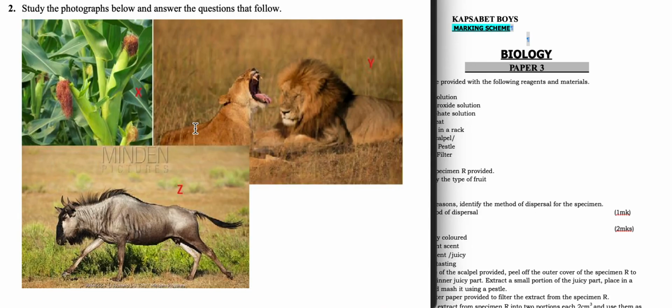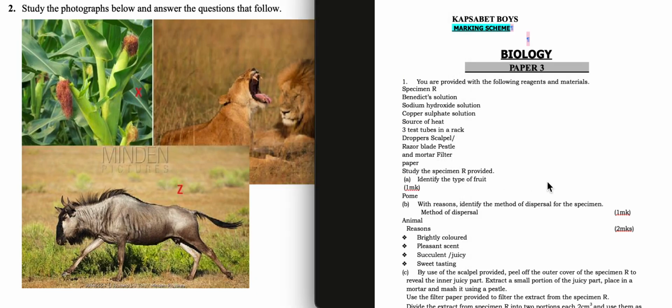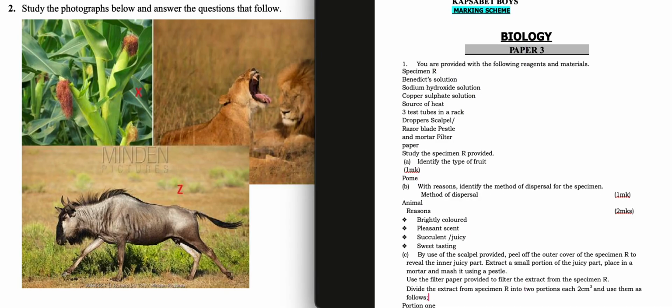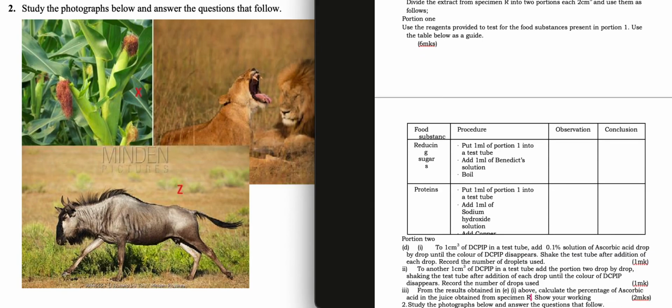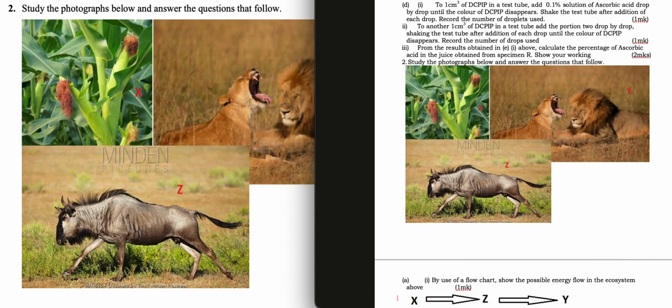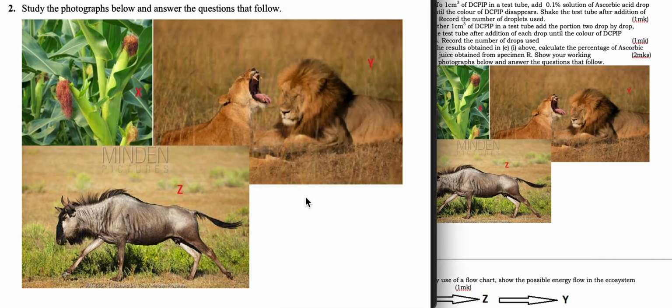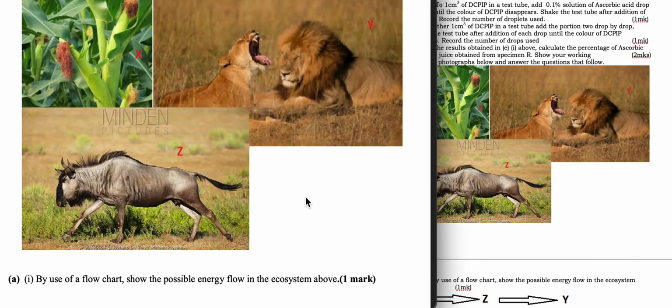Study the photographs below and answer the questions that follow. So we have X, we have Y, and we have Z. Question A1.